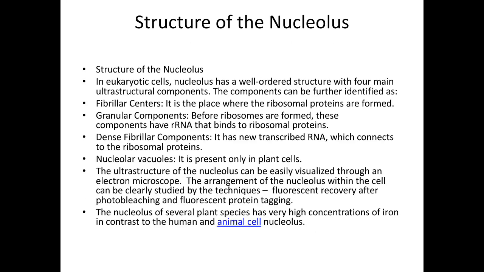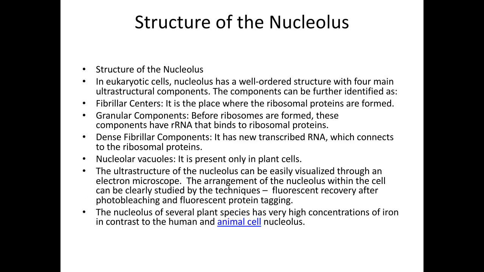In eukaryotic cells, the nucleolus has a well-ordered structure with 4 main ultrastructural components. The components can be further identified as fibrillar centers, the place where the ribosomal proteins are formed. Granular components, before ribosomes are formed.